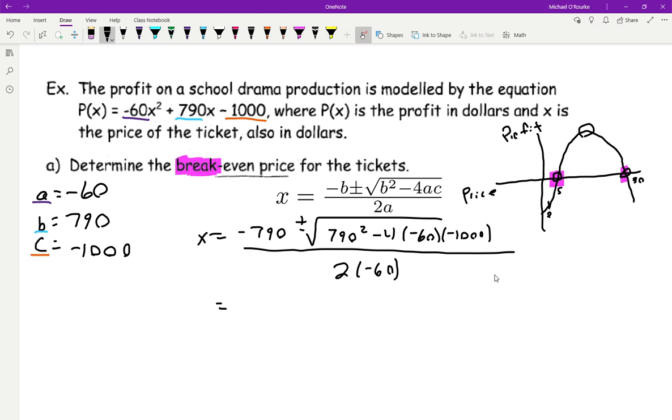Give me a yes or a no. Yes if you got the formula right, how you wrote it, or no, I didn't get the formula right.